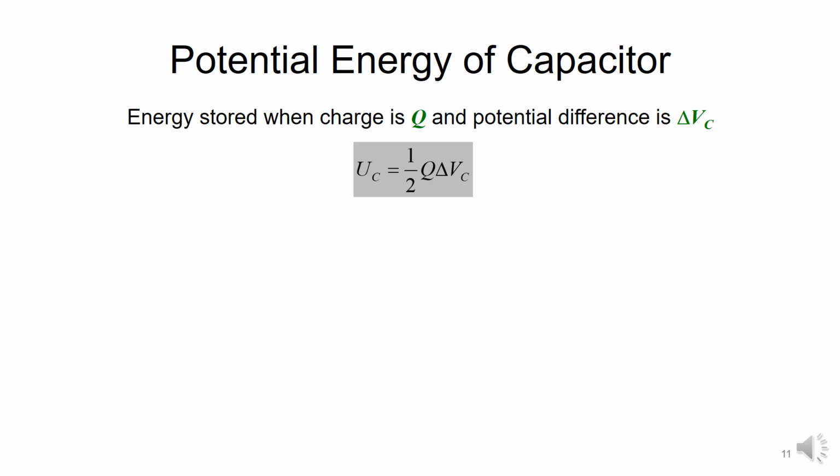The half comes from the capacitor not being charged instantly. The half accounts for the capacitor being charged gradually from 0 to 100%. So here, I'll write this down. The factor of half accounts for the capacitor being charged linearly, not instantly.